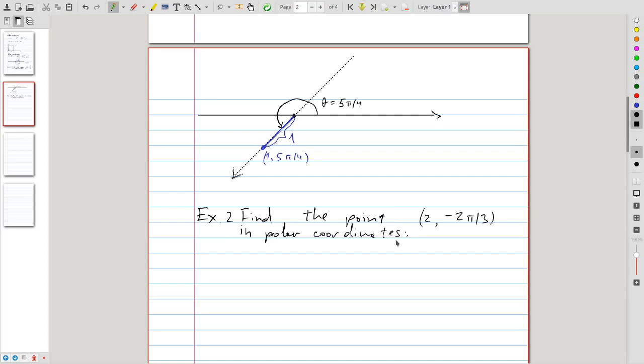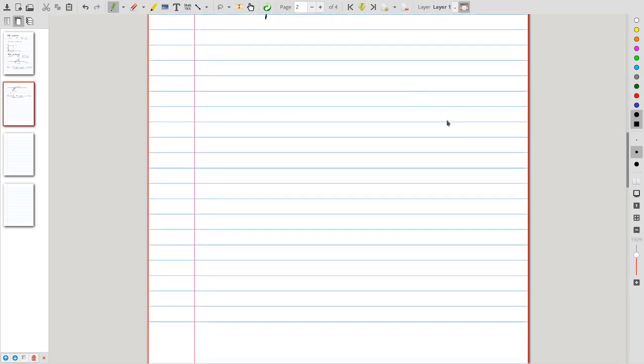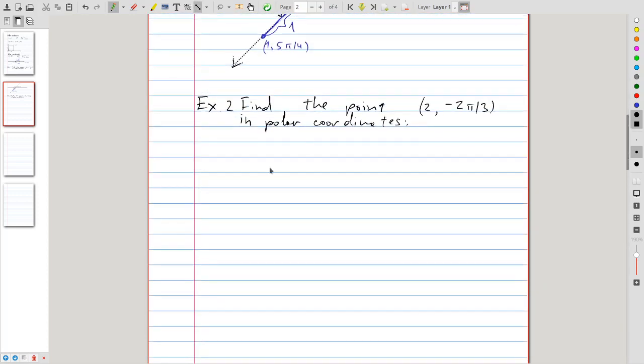So we start with our axis. There's a fixed origin on it, which we call the pole. And let us find the point that corresponds to these polar coordinates. So this is our theta, and this is our r.